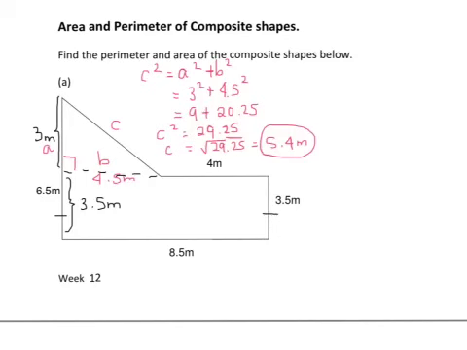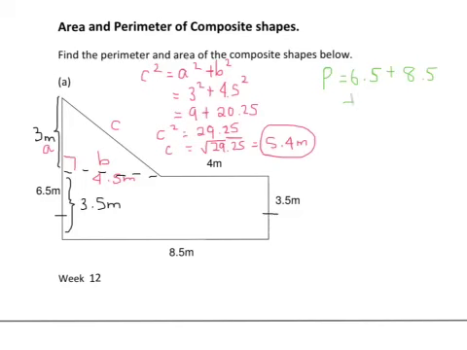So now I should be able to find the perimeter of the shape. The perimeter is going to be the sum of the sides. So let's start with this side. We know that side is 6.5. So 6.5 plus, we'll take the side along the bottom here, 8.5. Plus 8.5.